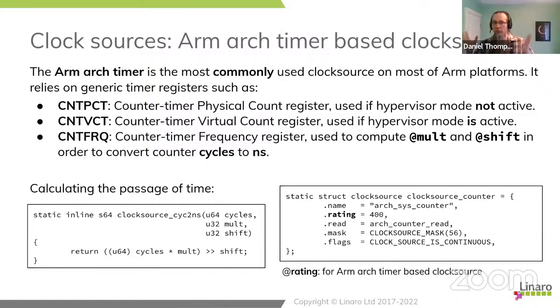So it is almost always going to be the best clock source available on ARM64 systems. It's usually the best clock source available on ARMv7 systems as well, although it doesn't have a coprocessor interface on a v7 system. And so we have fairly simple mechanisms to read it from particular registers. We can convert it from its own cycle time to nanoseconds with simple math. And it gets registered with a particular rating with some flags and everything else. And that's how you register a clock source.